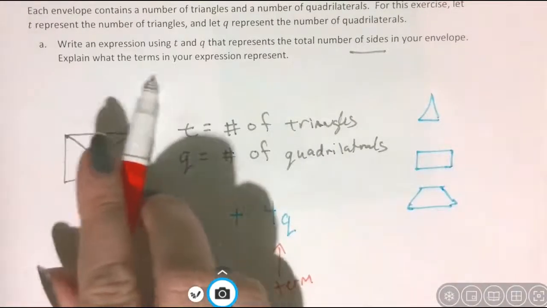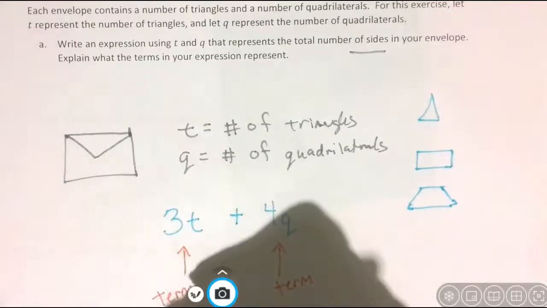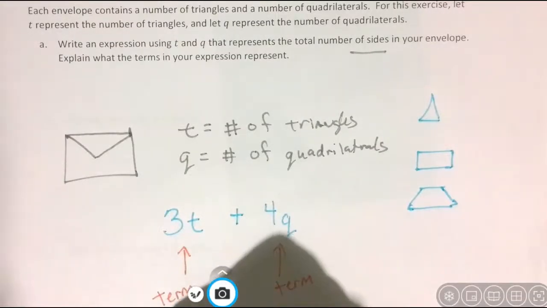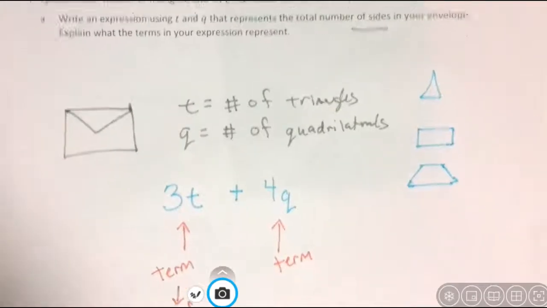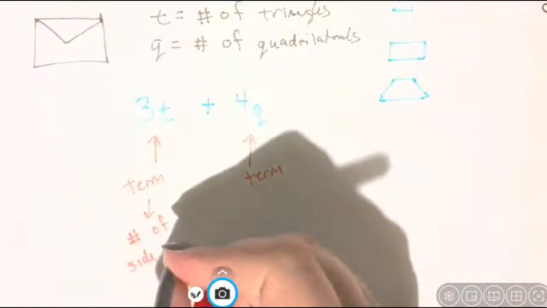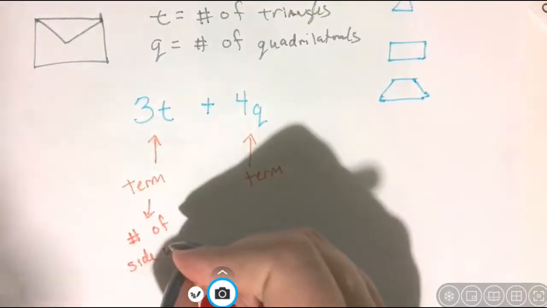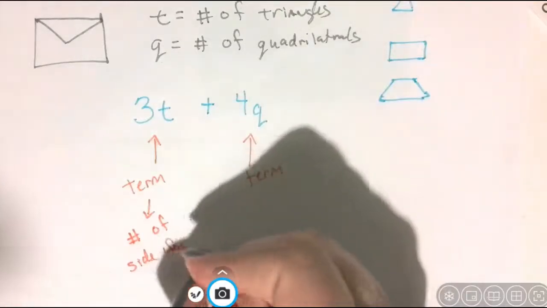And it says, explain what the terms in your expression represent. So this term is going to be the number of sides for the triangles.